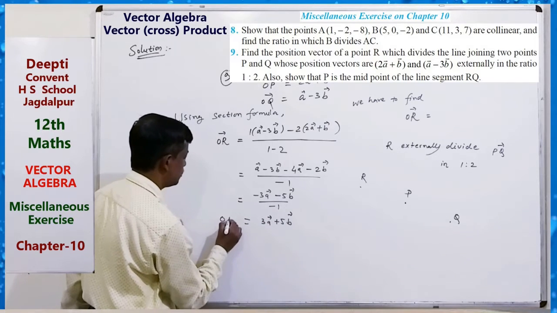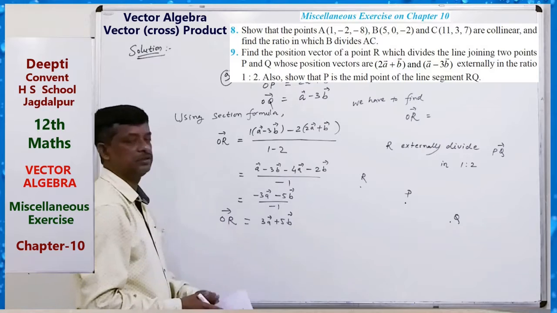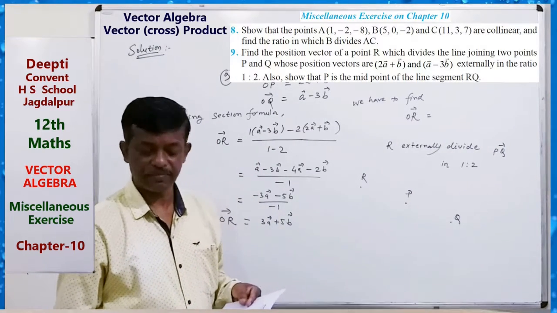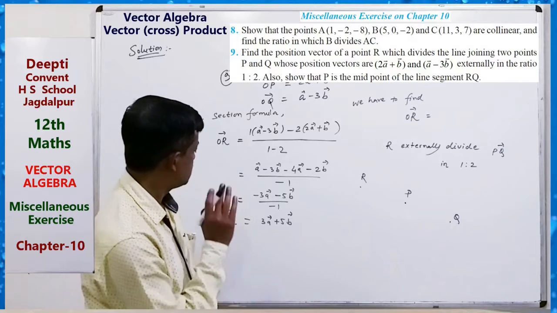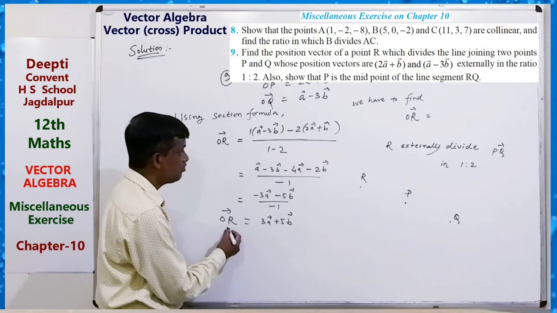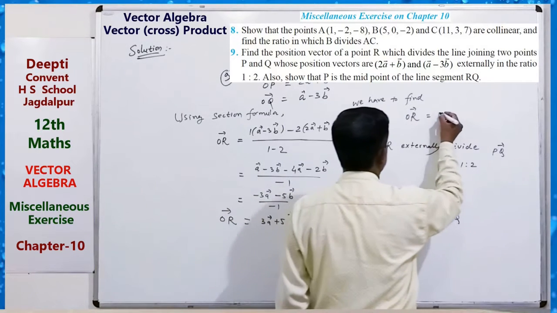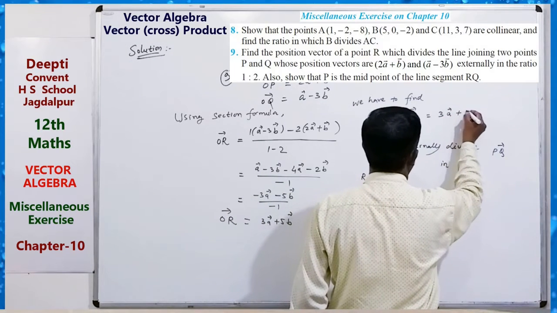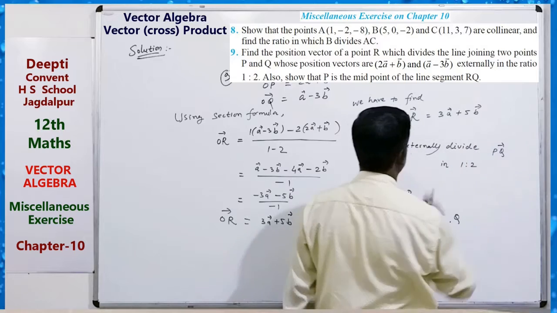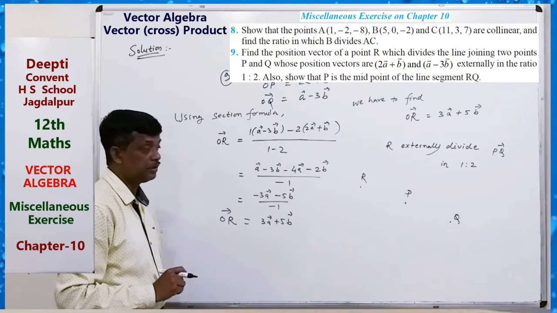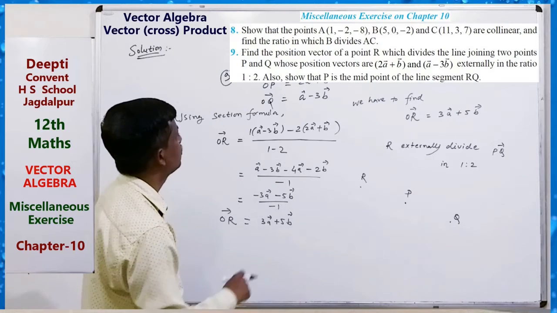So this is OR, 3a plus 5b. Now this is the position vector of R, which is externally divided. So OR is 3a plus 5b. First result.